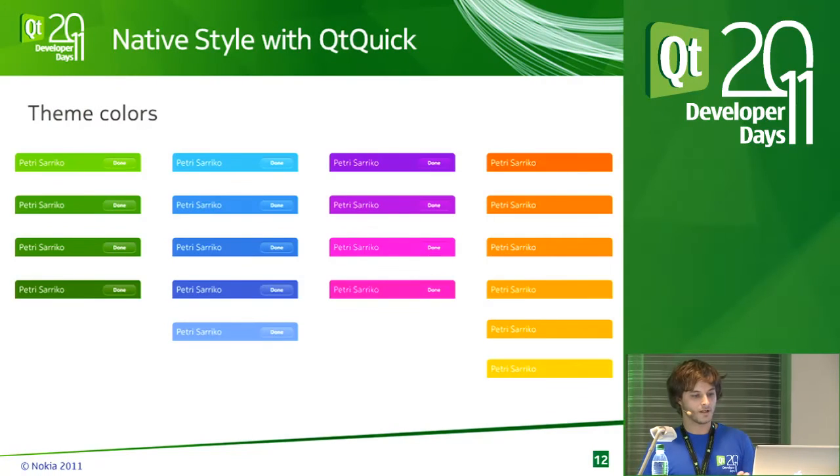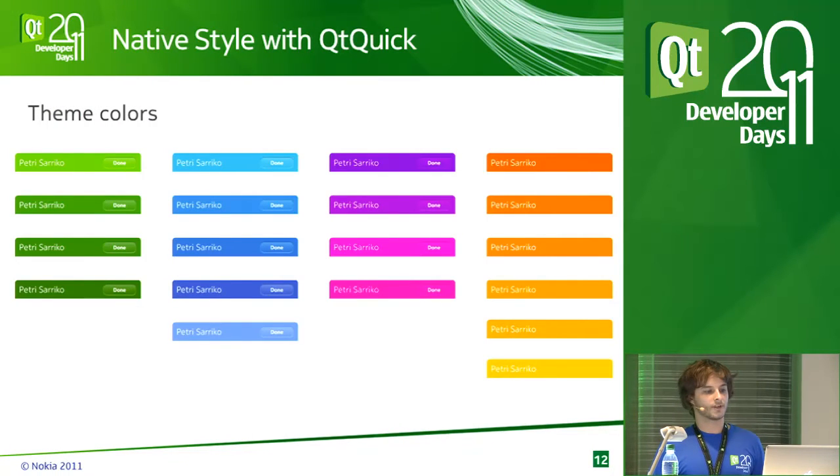It's one color that will be used for example for header bars, button backgrounds, checkboxes, progress bars. The default one is blue, I think the second blue. At the moment, in MeeGo Touch, you can change that easily. On the version that you have on your phones, you cannot do that from QML, easily at least.